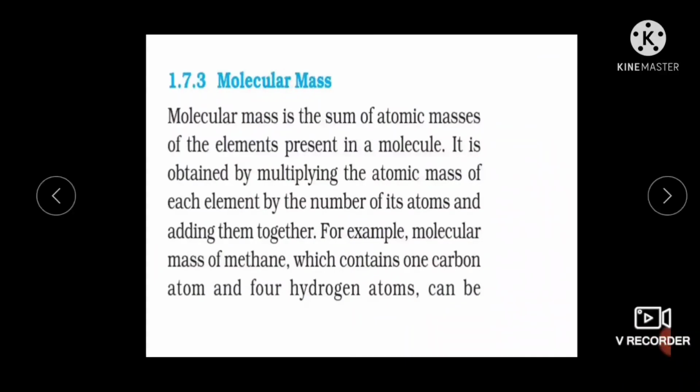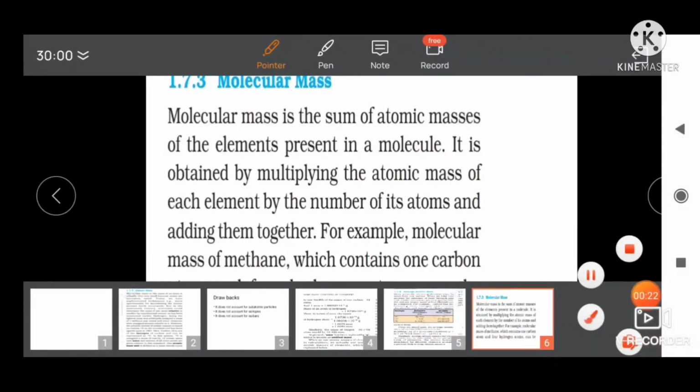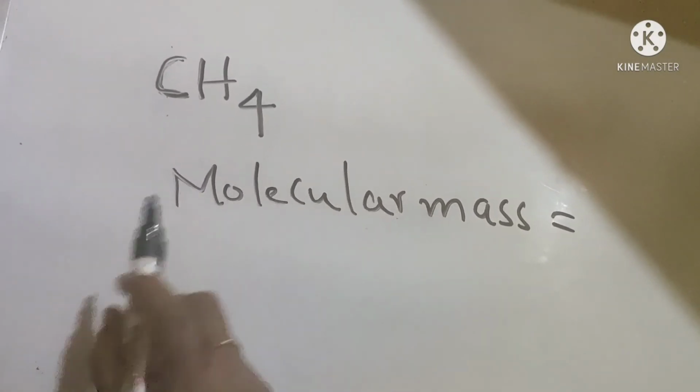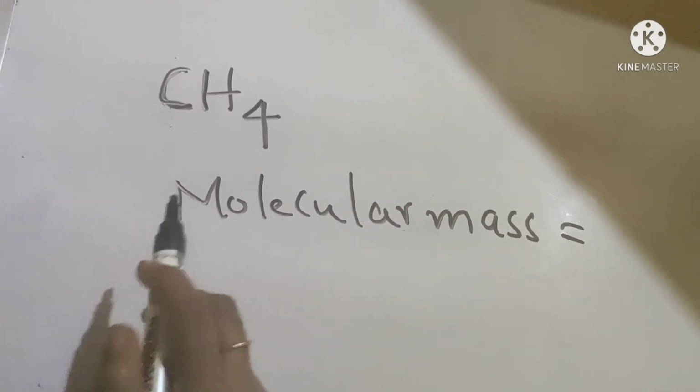Molecular mass. Molecular mass is the sum of the atomic masses of the elements present in a molecule, and it is obtained by multiplying the atomic mass of each element by the number of its atoms and adding them together. Let us do an example. Methane. What is the molecular mass of methane?